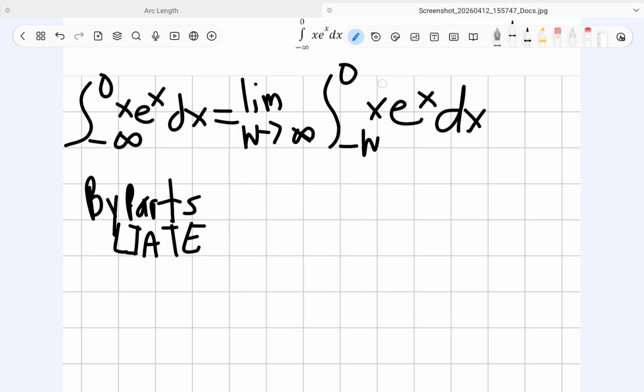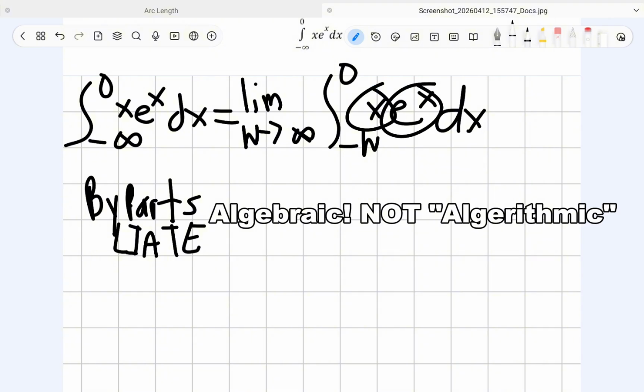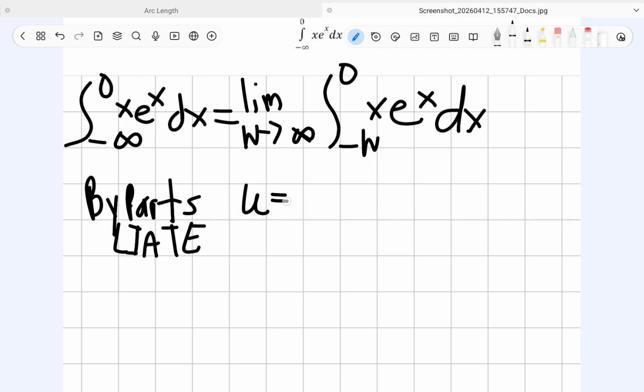What we have right now is an algebraic and an exponential. Based on LIATE, we must prioritize what comes first, and what does come first is algebraic. So that means u must be x. That's algebraic. And dv is whatever's left: e to the x dx.